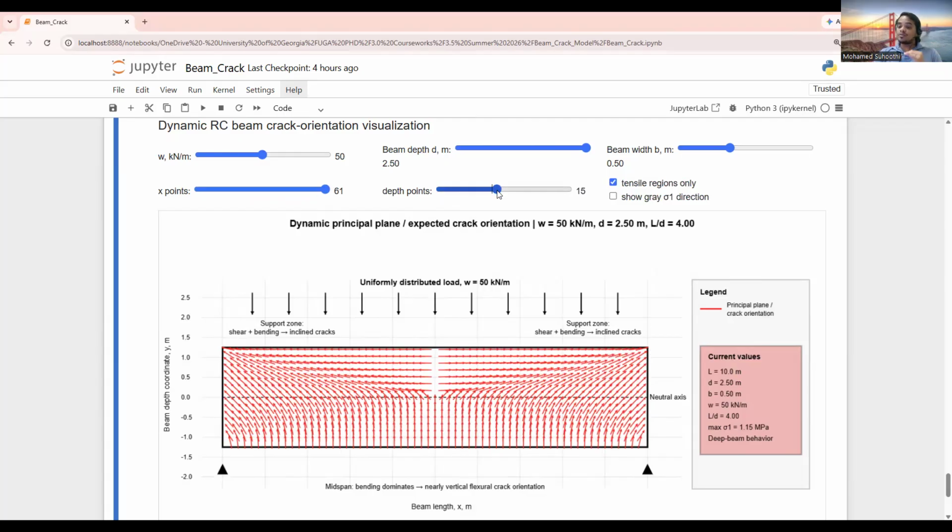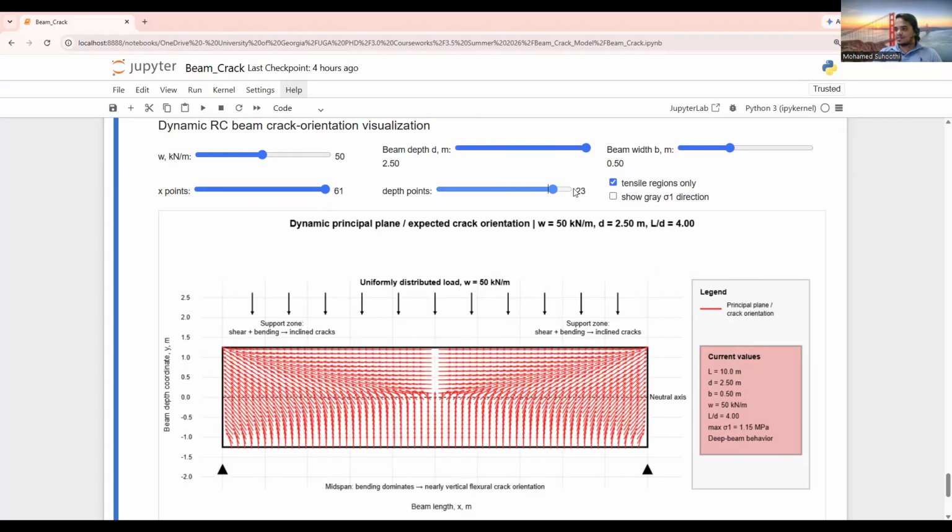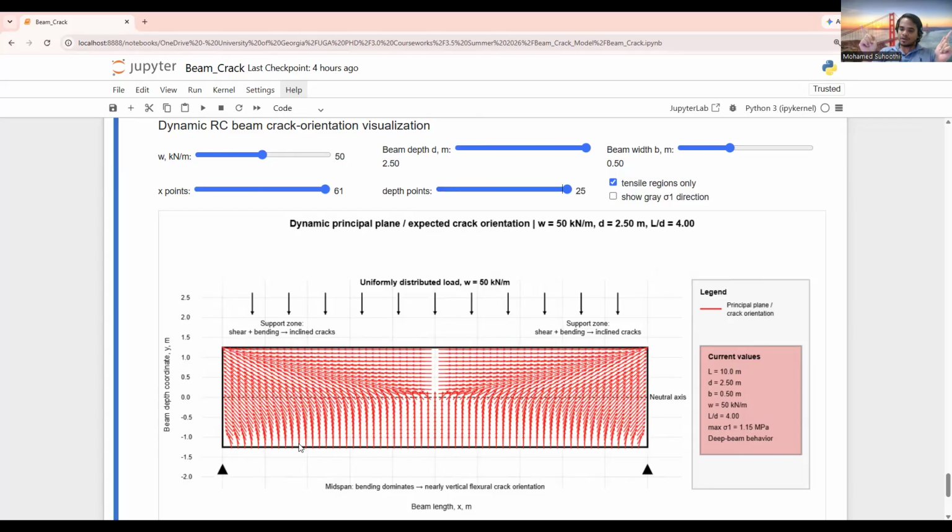Here I didn't use any complex theory. This is just the basics that you have studied. From that basic, I explain how you can capture the crack profile mathematically in your beam section, right? If I increase the number of points, finally I will get the complete crack profile of the beam. This is actually how the crack will develop along the beam, right?